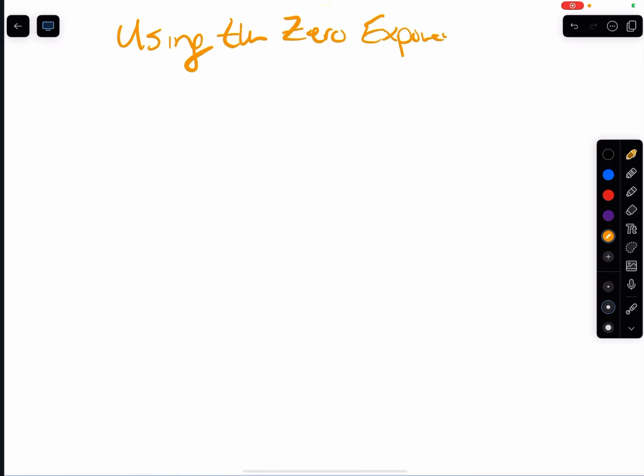Let's move on to another rule, the 0 exponent rule of exponents. This is one of my absolute favorite rules that we can use.